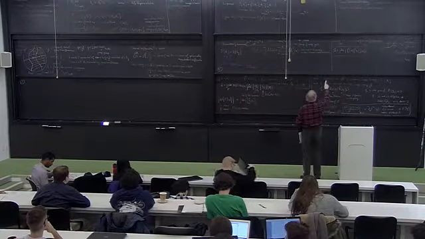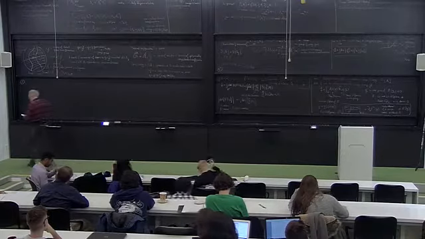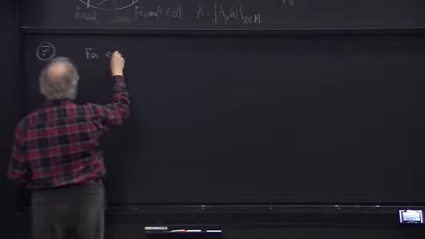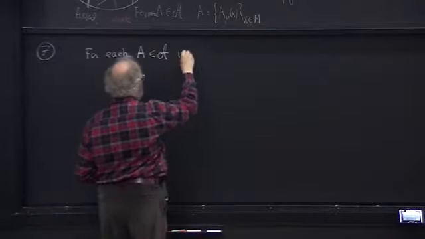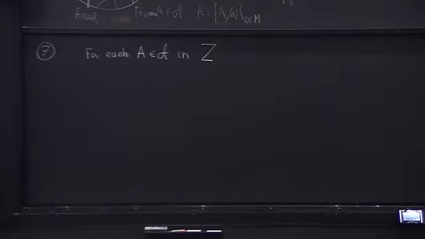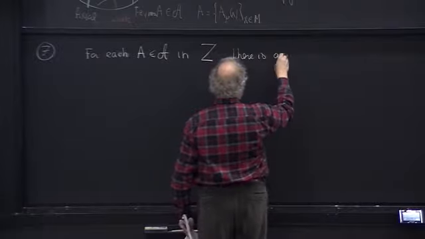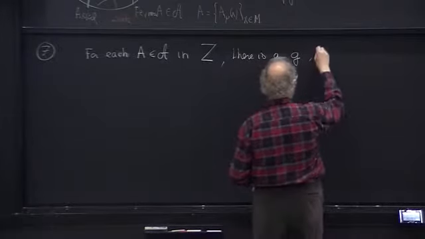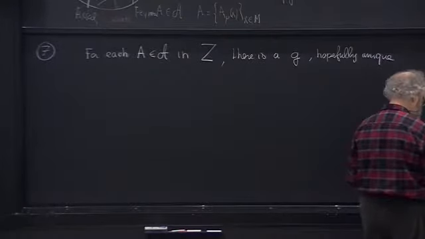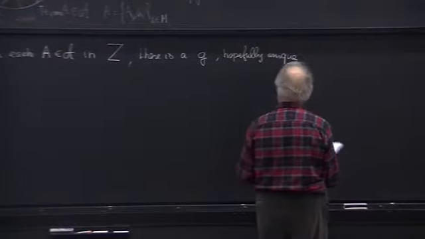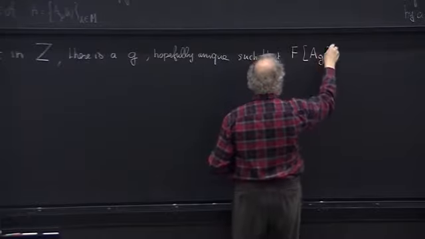Okay. I'm going to apply these two nice formulas to Z by realizing that, you see, for each A, in the integral, my big integral Z, which is defined as the integral over all gauge field configurations, there is a G, hopefully unique, such that my gauge fixing condition of AG is 0.